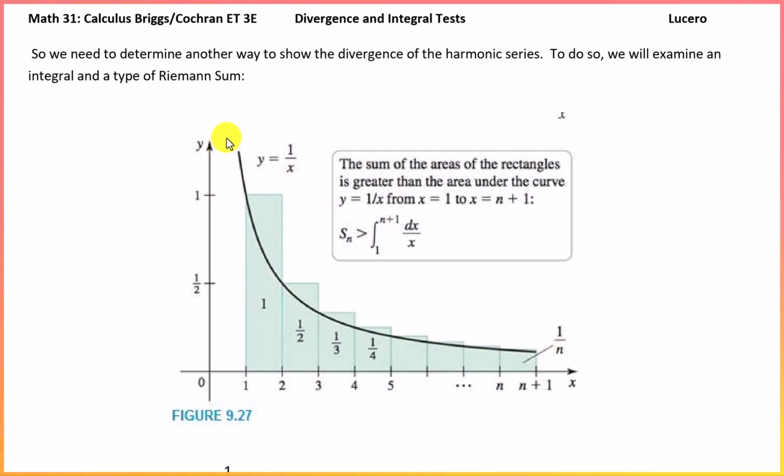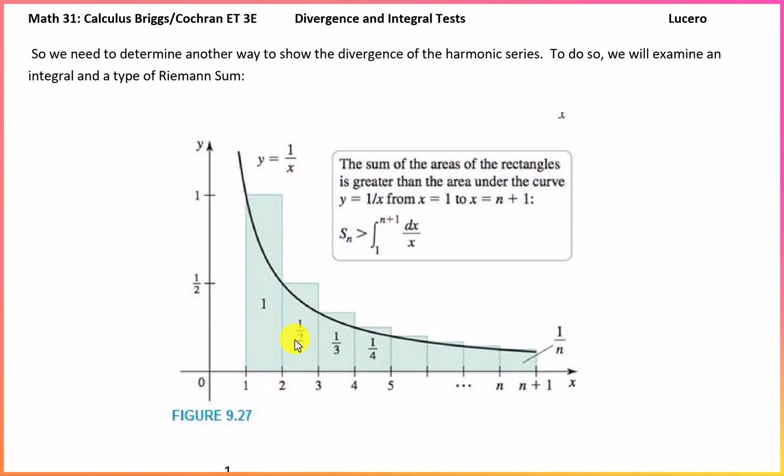We've got this function 1 over x, graphed right here. And I have on the screen an image from the book where we have the Riemann sums over the curve in this case, the way we've built it, because we're using the left-hand endpoints to create those Riemann sums. We're getting 1, we're getting 1 half. Because we're looking at it on just those integers, the width, or delta x, for each of these is 1.